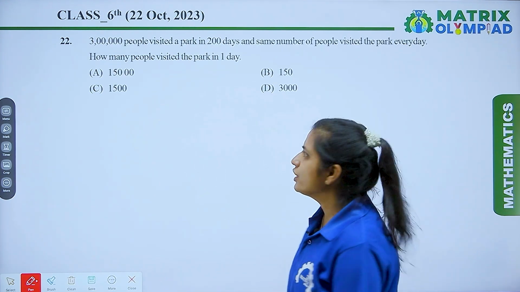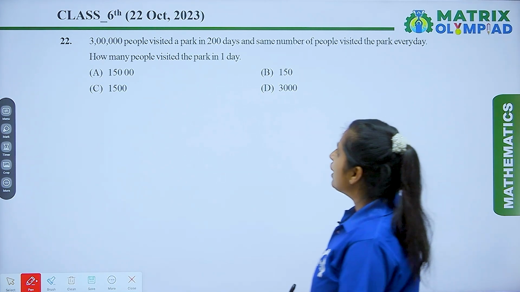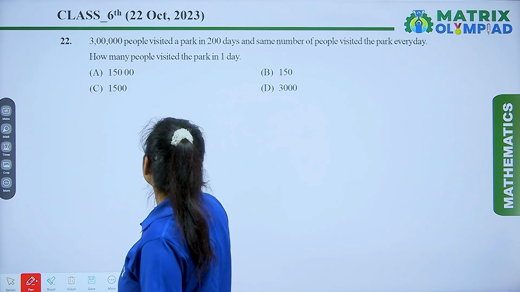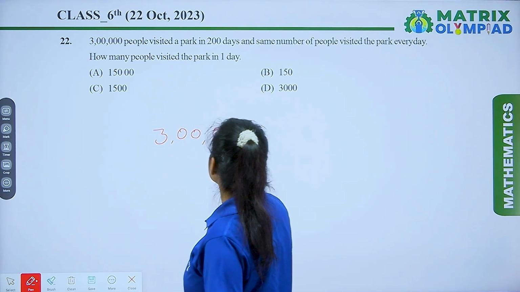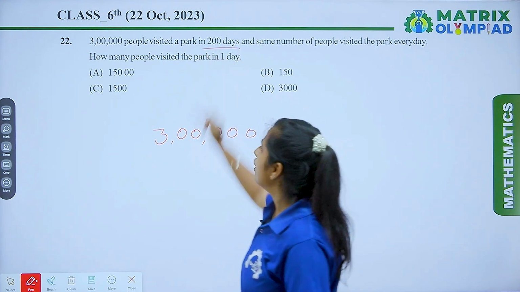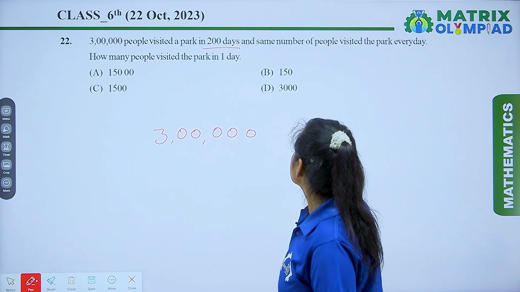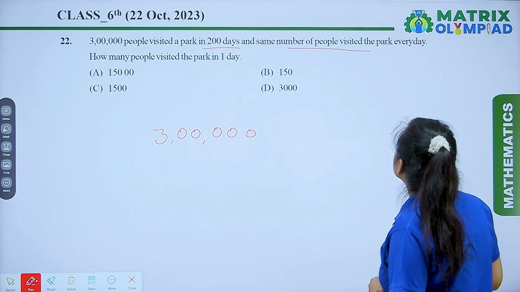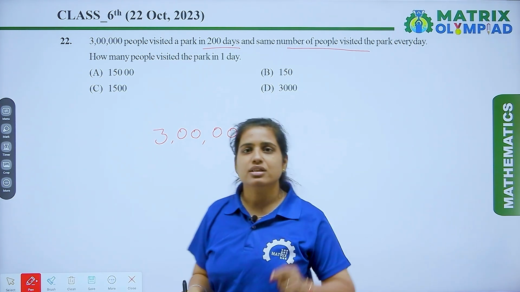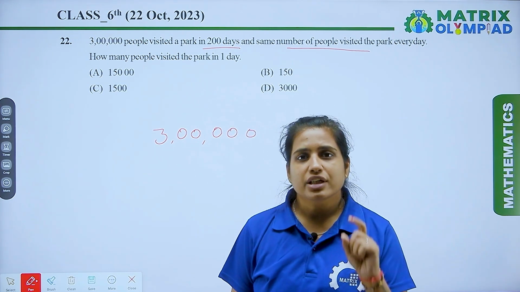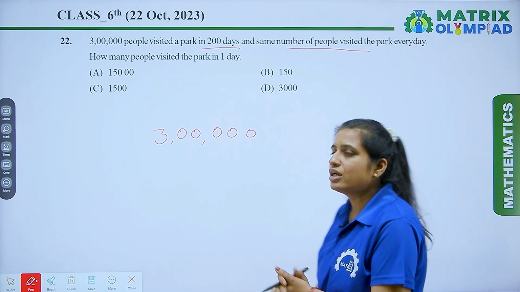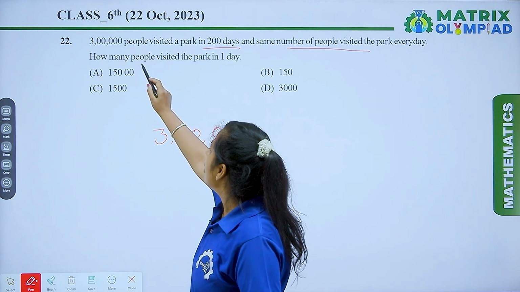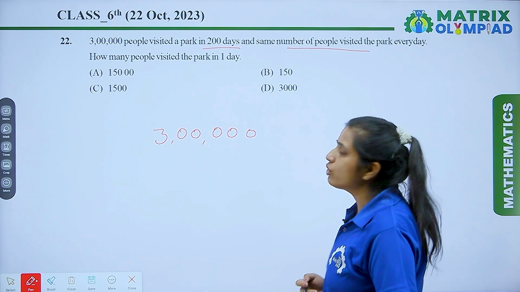Now the 22nd question is: 3 lakh people visited a park in 200 days. So we have total number of people 3 lakh and total number of days 200. The next statement says that the same number of people visited the park every day. It means the number of people who visited the park in one day is the same on the rest of the days also. So we have to find out how many people visited the park in one day.